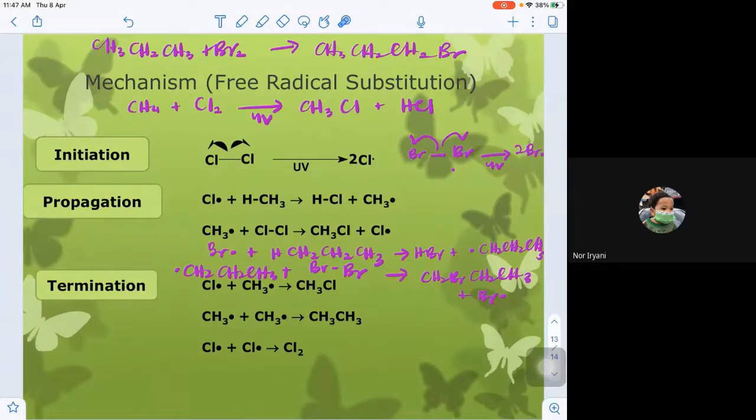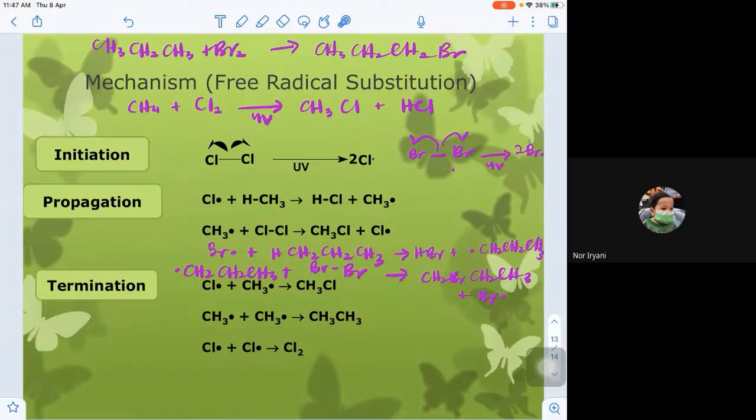The third possibility is when two chlorine radicals attach together so that it turns to Cl2. When a radical attacks another radical, it loses its free radical nature, and then they turn to a neutral compound.